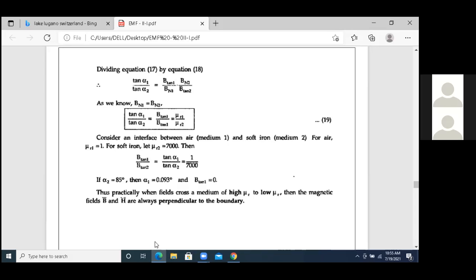Note this statement. Based on this example, note this statement.